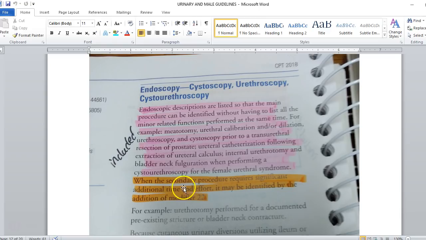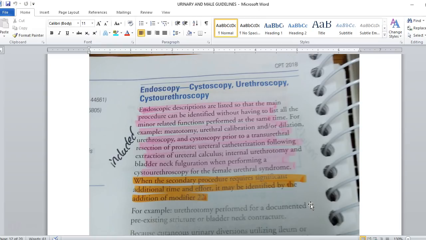And then, reminding us, when a secondary procedure requires significant additional time and effort, it may be identified by the addition of modifier 22. What they're telling us right here is there are a lot of things included in these codes, but also that there are some very specific male and female codes.